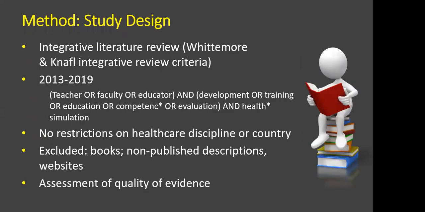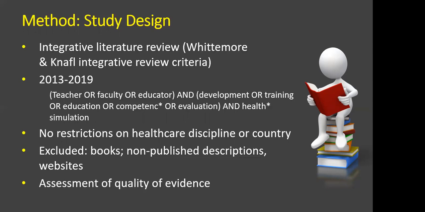So when we started this literature review, we came up with our method, which was an integrative literature review based on Whittemore and Knafl's review criteria. That allowed us to include both research-based studies or publications, but also theoretical and evidence-based practice literature. We searched the years from 2013 to 2019, continuing our search all the way up until July of 2019.